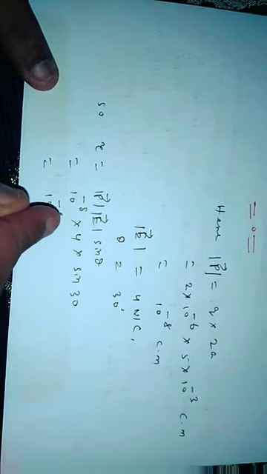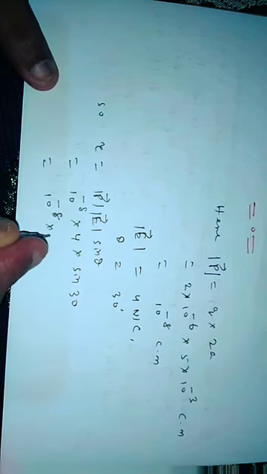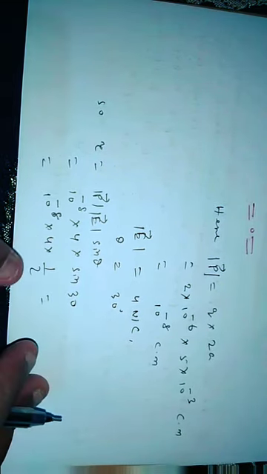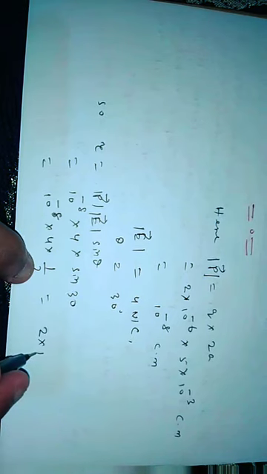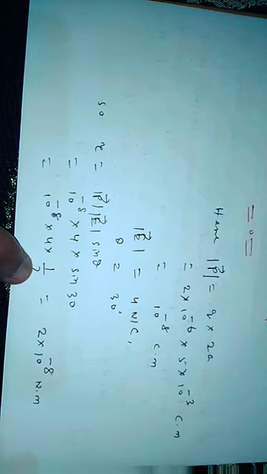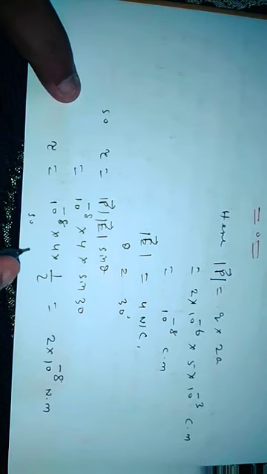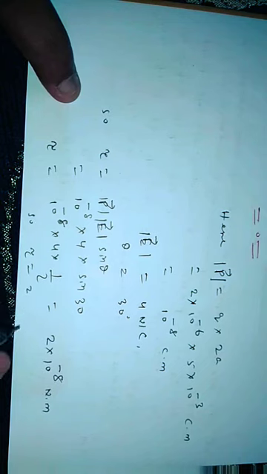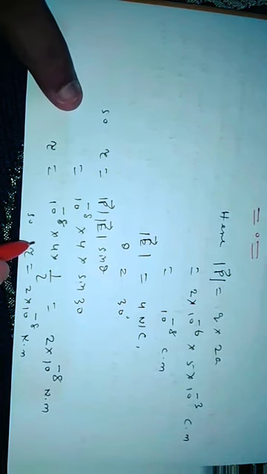So 10 to the minus 8 into 4 into half equal to 2 into 10 to the minus 8 Newton meter. So the torque acting on the dipole, tau equal to 2 into 10 to the minus 8 Newton meter. Okay, which is the answer.